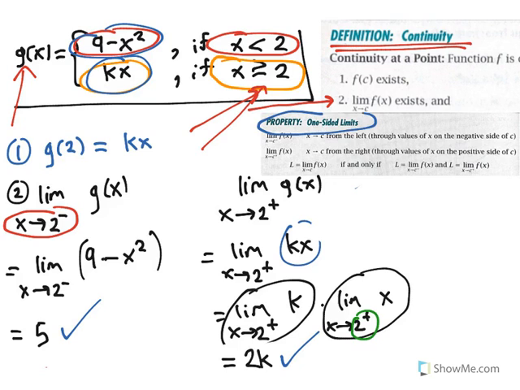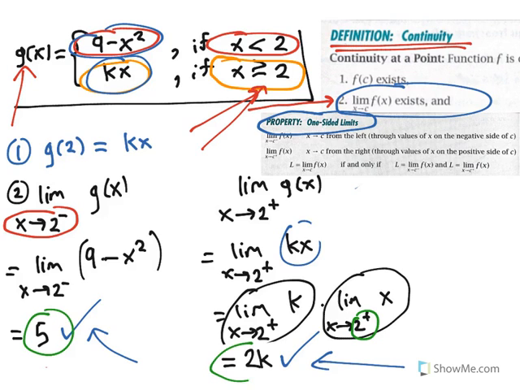And according to the property for one-sided limits, the two-sided limit that we want to make sure exists will only exist if the one-sided limits exist and equal each other. So our next step is to set the one-sided limits equal to each other, and that would allow us to solve for k.